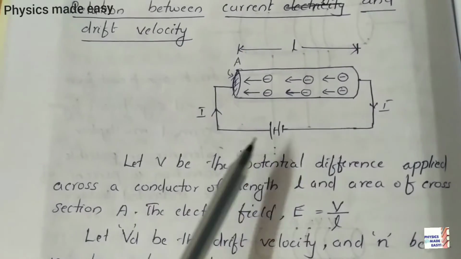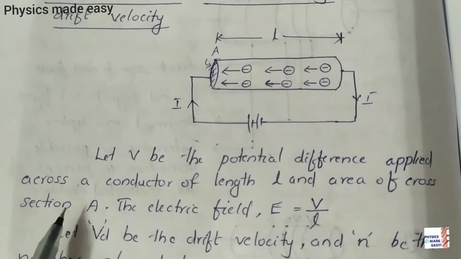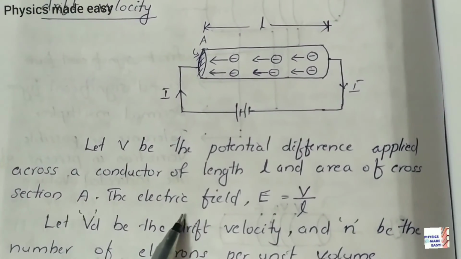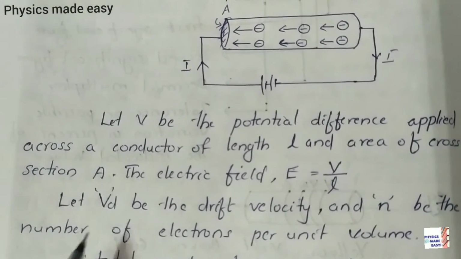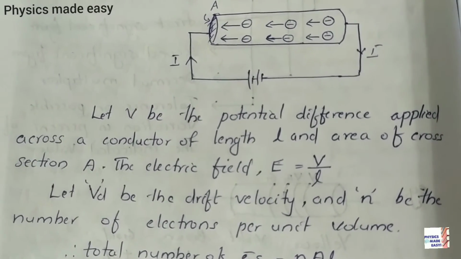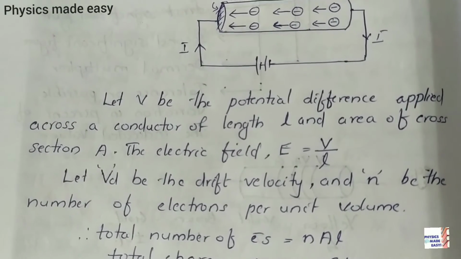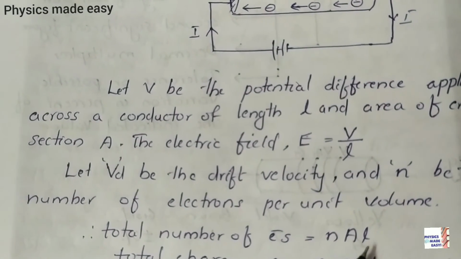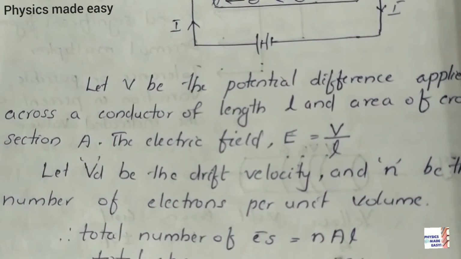Here you can see a conductor of length L. Let V be the potential difference applied across a conductor of length L and area of cross section A. Then we can write its electric field as E equal to V by L. Let Vd be the drift velocity and let N be the number of electrons per unit volume. Then the total number of electrons is the number of electrons per unit volume times the volume A into L, so total number of electrons is NAL.